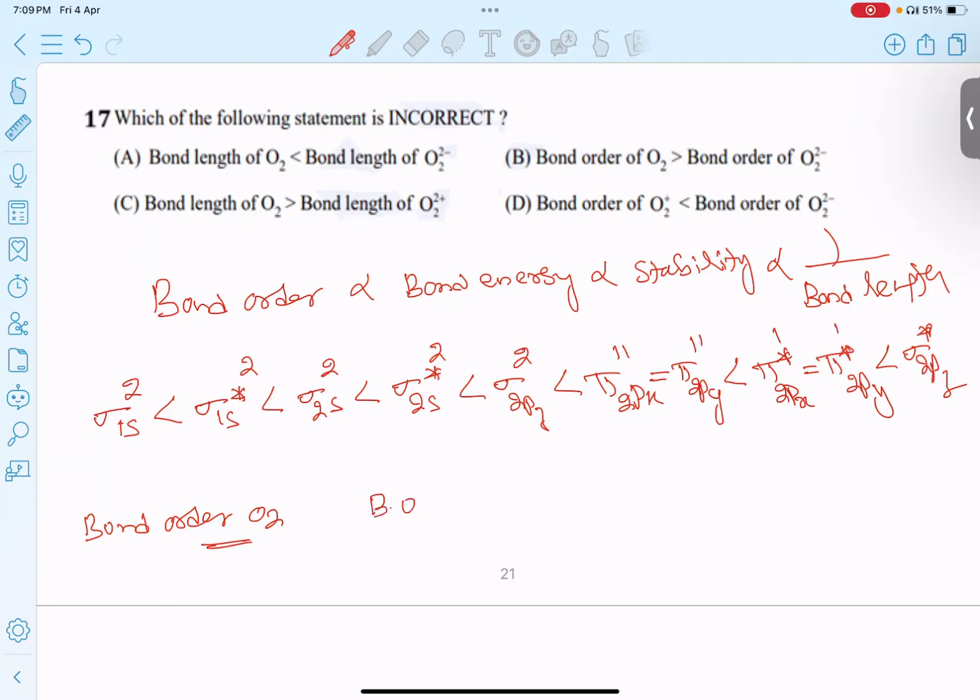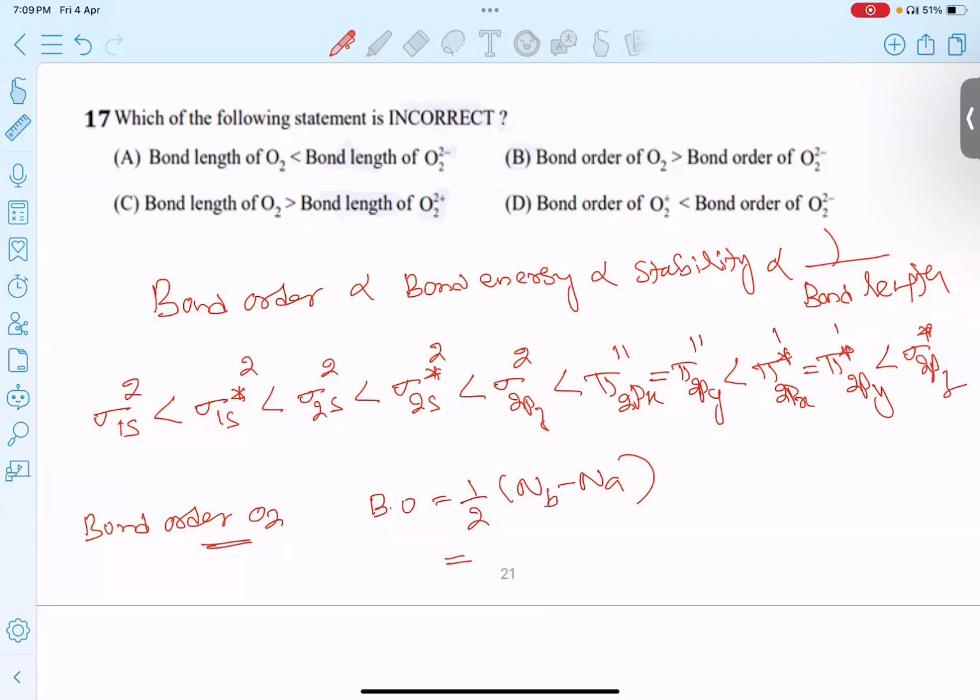Bond order formula: bond order equals half into Nb minus Ne, where Nb is the number of electrons in bonding molecular orbitals and Ne is the number of electrons in anti-bonding molecular orbitals.